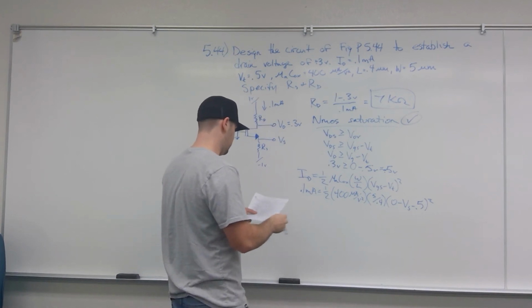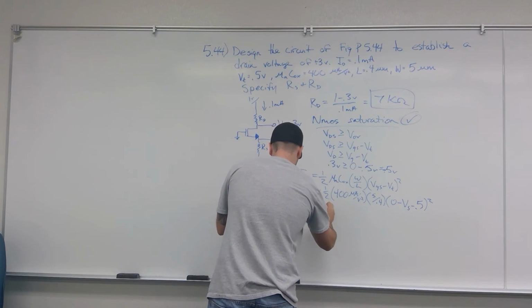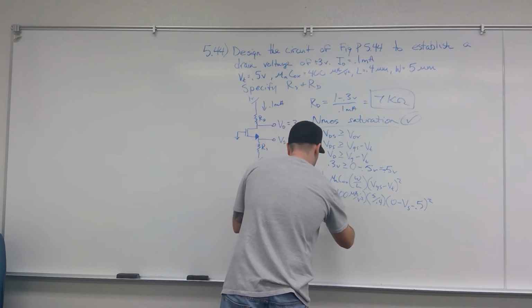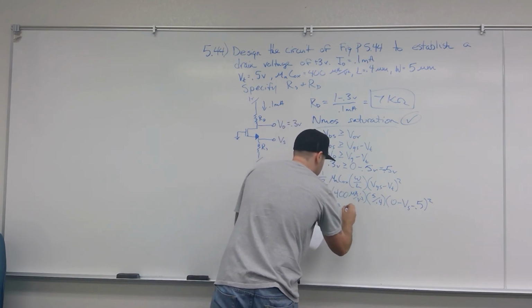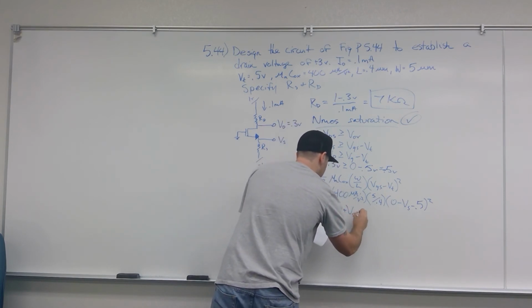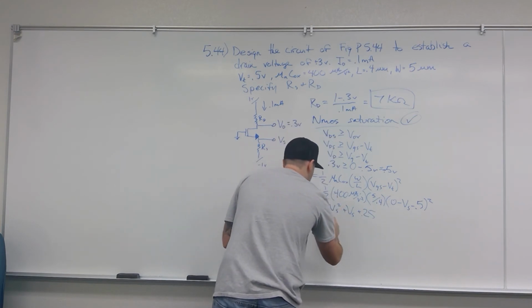So I'll just go ahead and write 0.04 equals VS squared. This is when you square this out, plus VS plus 0.25, subtract that over.